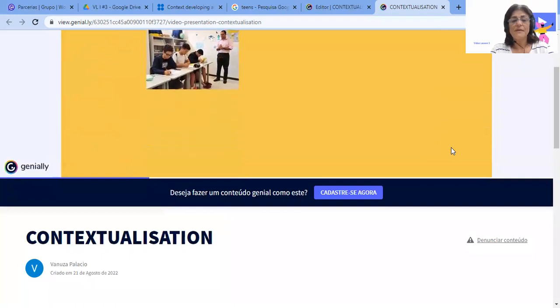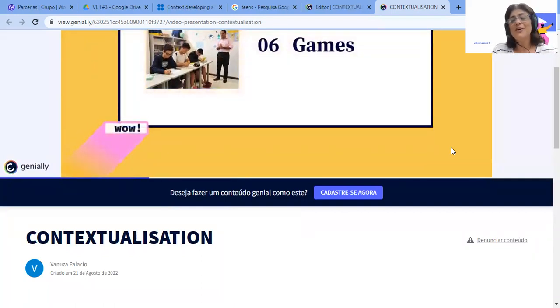Well, last but not least, the infamous games. And games here are related not only to competitions, but also ludic opportunities for students to have fun. Options or possibilities in this case would be Call My Bluff, Simon Says, Hangman, Hot Seat, Copy Me, Tic-Tac-Toe, and so on and so forth.